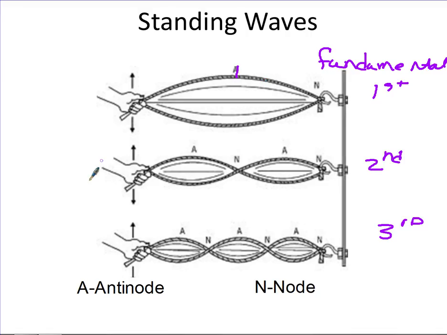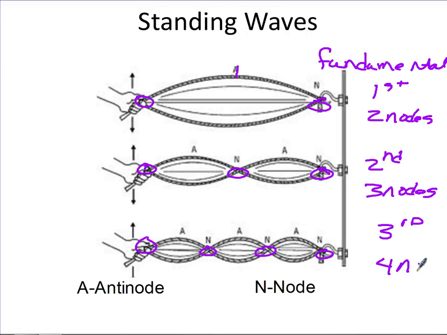If I were to count nodes and antinodes, the fundamental has 1 antinode and 2 nodes. The second harmonic has 3 nodes. The third has 4 nodes. So you always wind up with one more node than your harmonic number.